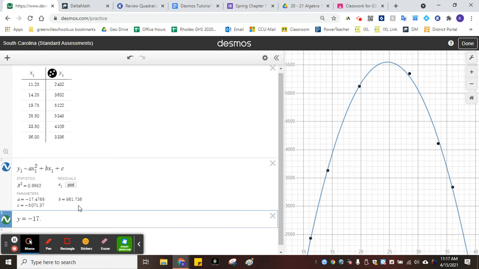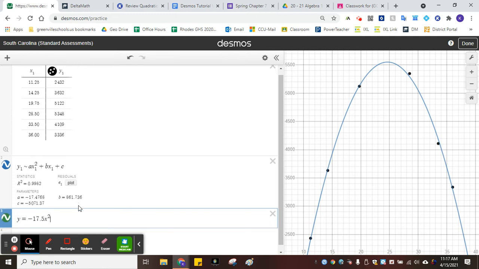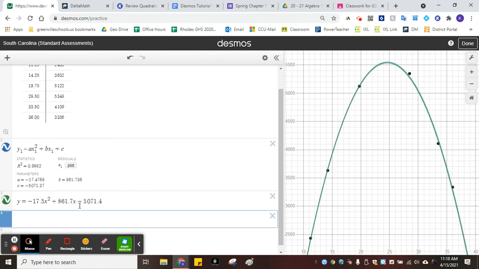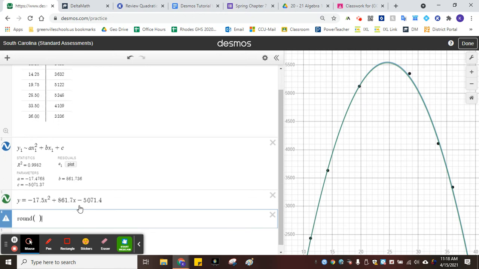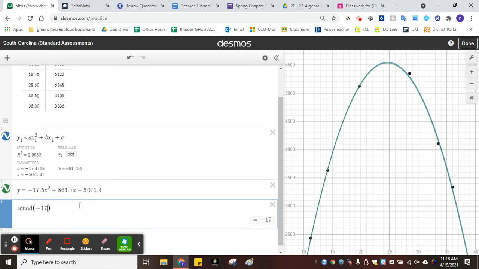So the 47 is going to round to 5. Plus b, b is 861.7, rounded to the tenth, x, and c, minus 5071.4.